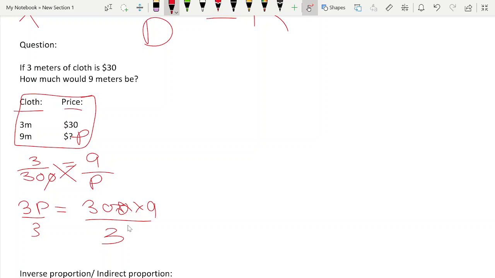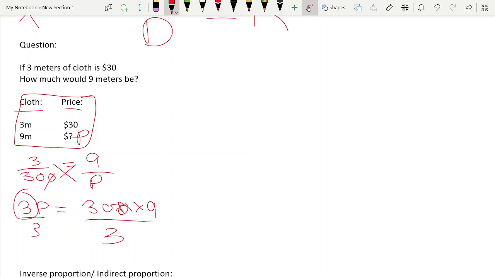So let's do cross multiplication so that we can get p on one side. So it's going to be 30 times 9, I'm just going to leave it like that because we are going to be simplifying it later. And 3 times p is 3p. Now let's divide by 3 on both sides so that we can get rid of this 3 next to the p.